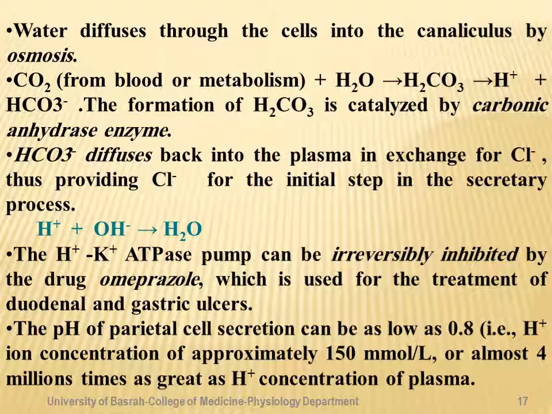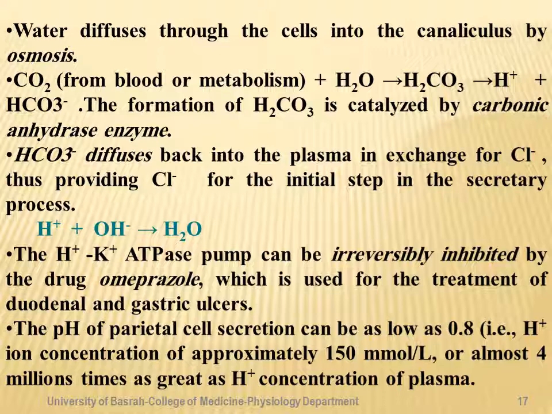طبعا الهيدروجين بوتاسيوم ATPase بامب كان بي irreversibly inhibited by a drug، وهذا الدراج عادة يستخدم بالتريتمنت اوف بيبتيك ألسر، اسميه اوميبرازول. عندي another drug اللي هو اللانزابرازول، this going to make irreversible inhibition of hydrogen potassium ATPase pump in order to reduce the acidity.